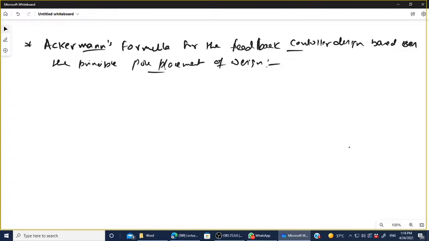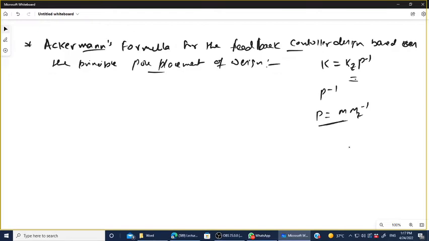The procedure to solve the problem using the controllable canonical form is more complex, because you have to find different parameters like M into Mz inverse. To find the gain, your target is to find Kz into P inverse, where P is equal to M into Mz inverse. You have to find all these parameters.